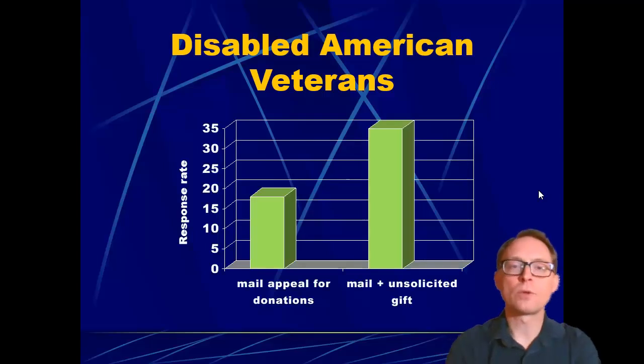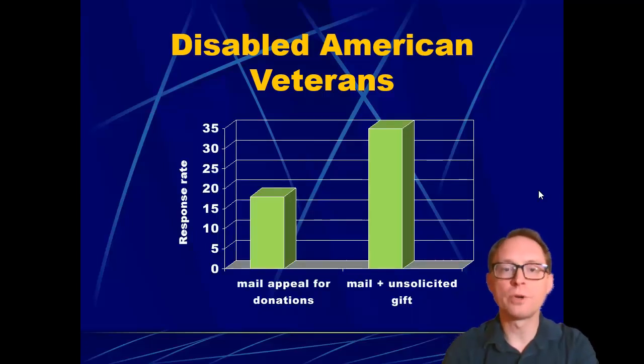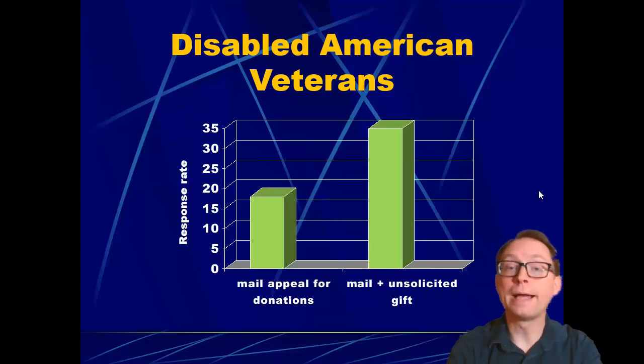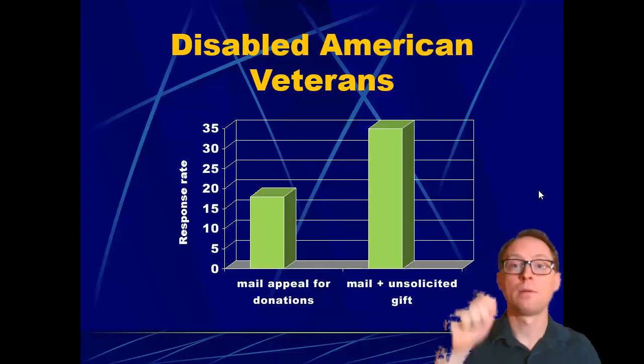that if you mail somebody an appeal for donations, according to the Disabled American Veterans, in this particular case, the response rate was about 18% of the people actually did donate without any form of a gift. But it became 35% if they were given the request and they were given a gift. It can be a very simple gift, like address labels.